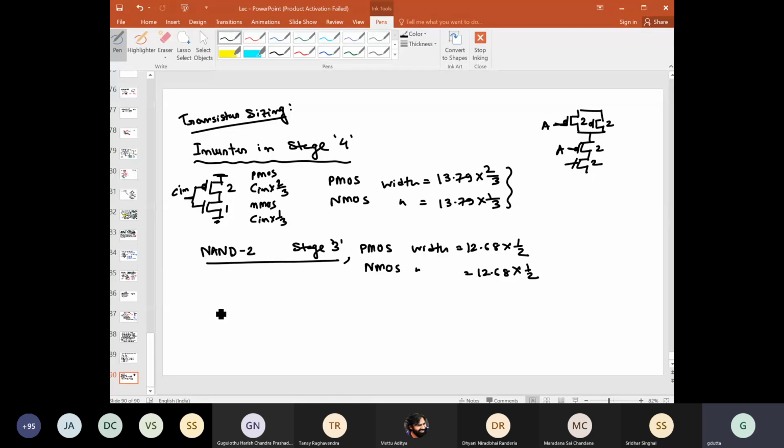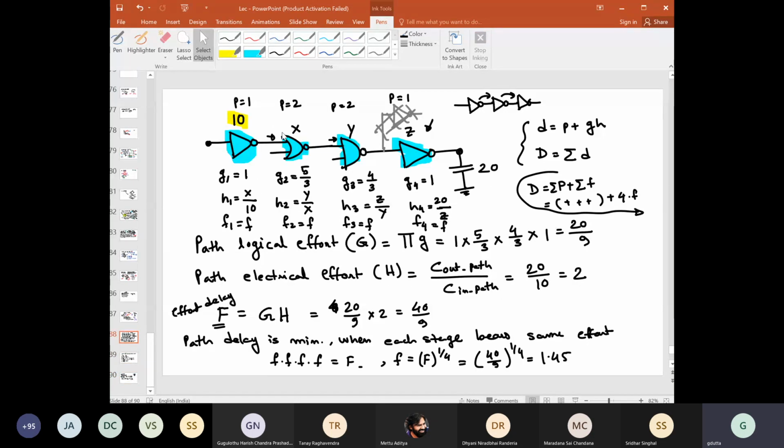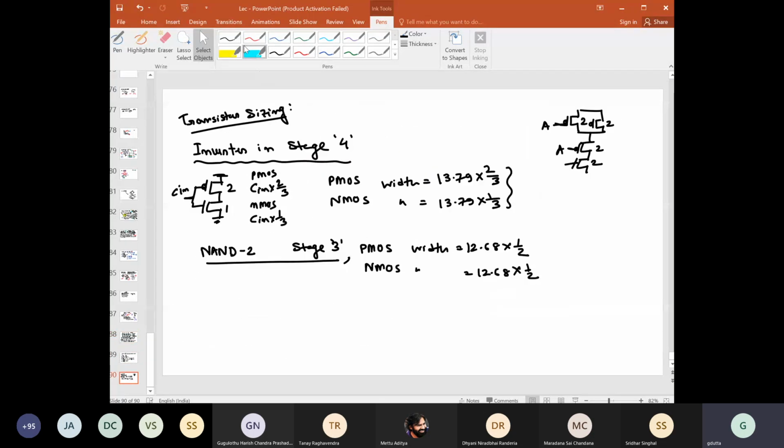So now let us see the previous gate. The previous gate is this second stage, stage 2, which is a 2-input NOR gate. Considering that 2-input NOR gate, you remember the 2-input NOR gate has 2 PMOS like this, right? And 2 NMOS like this, right?